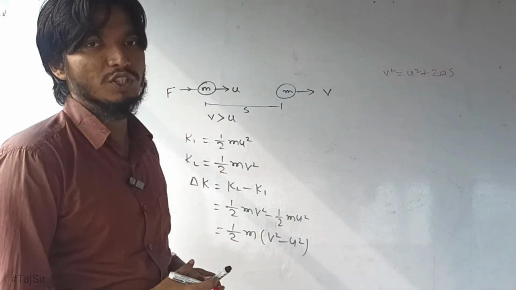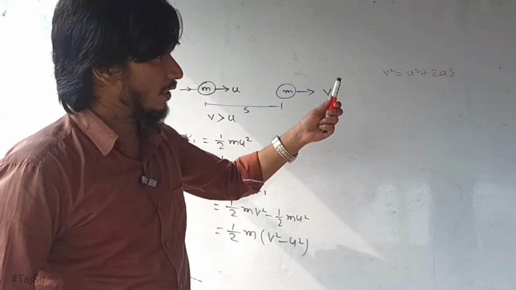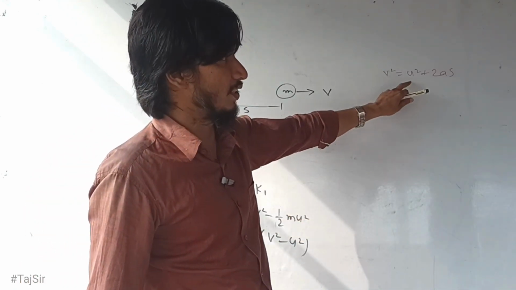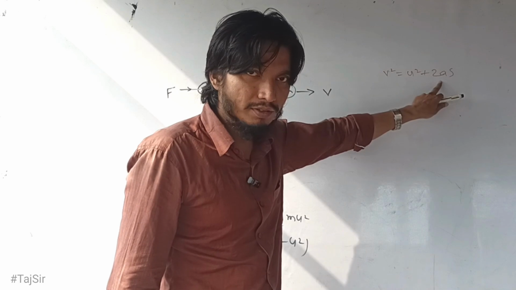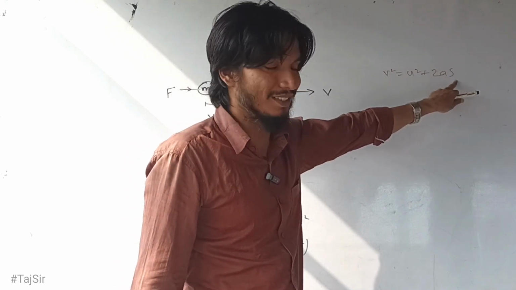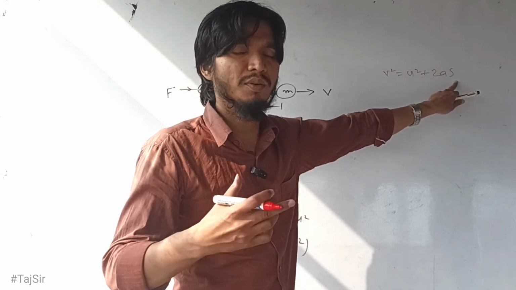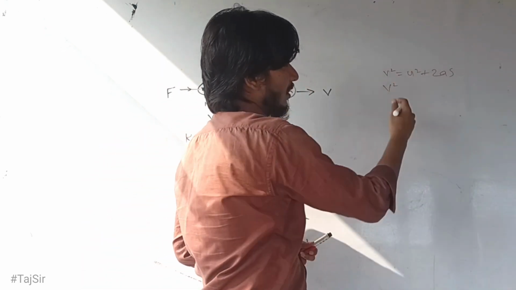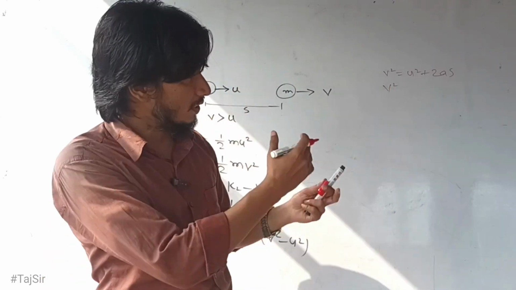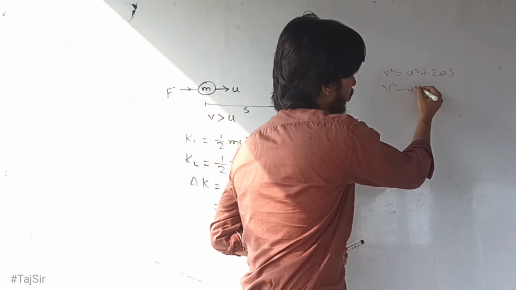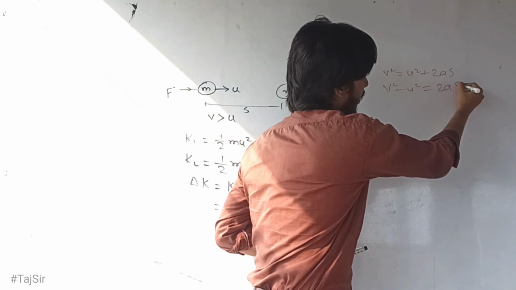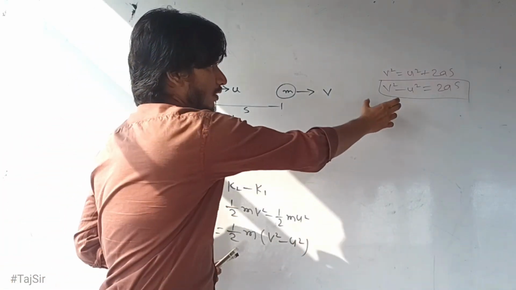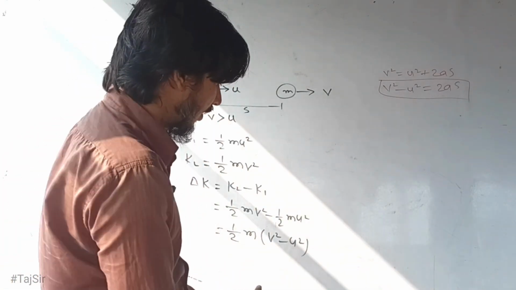It is one of the equations of motion, in which v is the final velocity, u is the initial velocity, a is the acceleration, and s is the distance or displacement traveled by the body. If we take u square to this side, we have v square minus u square equal to 2as. So we are going to use this expression here.